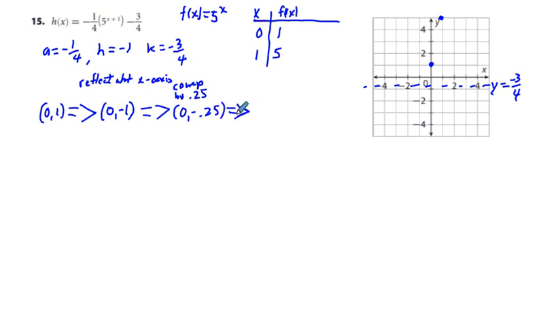Okay, next we're going to horizontally translate by 1. So we're going to take 0 plus 1, and all right, minus 1, h is minus 1. So we're going to have negative 1, negative 0.25. And the last thing we're going to do is vertically translate.